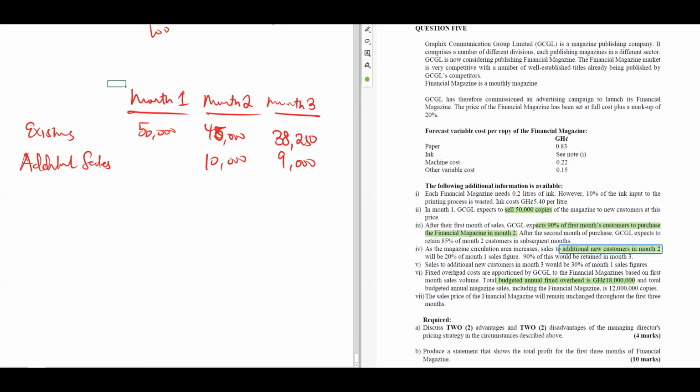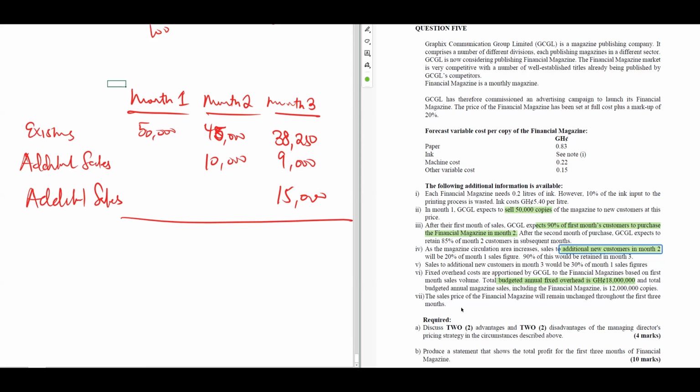And they are saying that sales to additional new customers in month 3 will be 30% of month 1 sales figures. So 0.3 of the 50,000 in month 1 is about 15,000 new sales again.